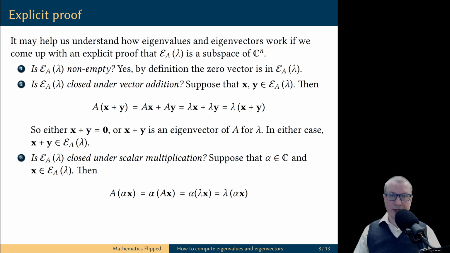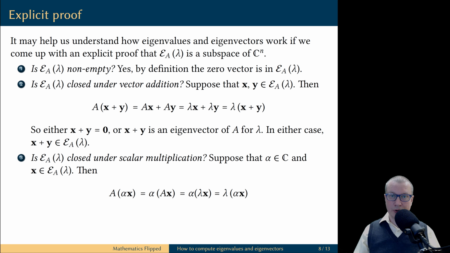By the properties of vector operations, we can switch lambda and alpha, and this computation shows that the matrix vector product of matrix A and vector alpha x is a scalar multiple of the vector alpha x by the scalar lambda. Does it mean that the vector alpha x is an eigenvector of the matrix A with the eigenvalue lambda?